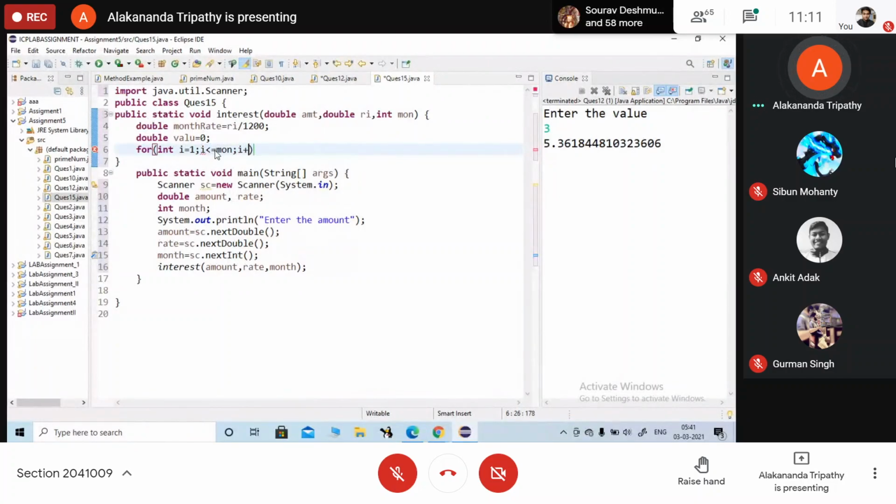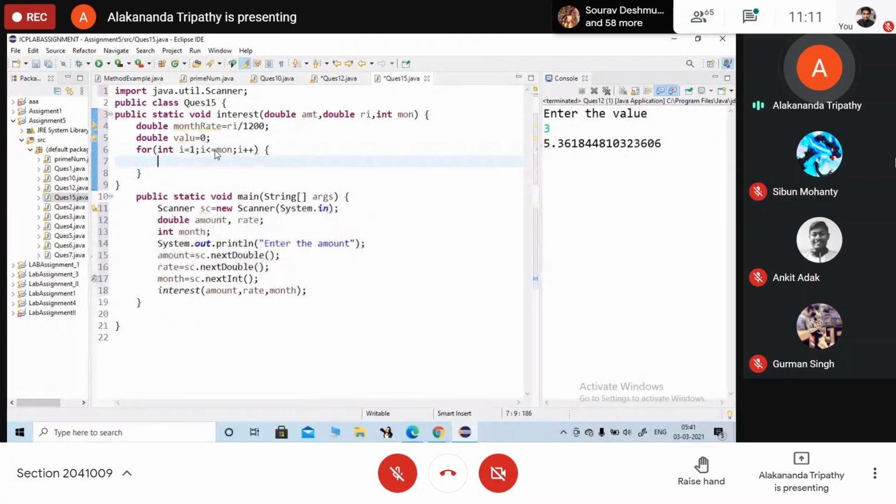Then I plus plus. So what will be the formula here? Value is equals to, जो भी amount आया है, amount plus value.